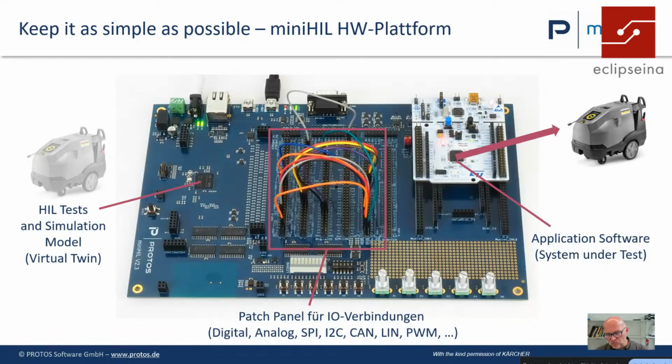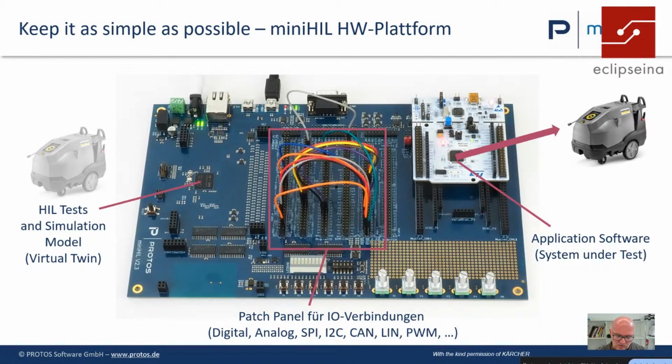Now, how do we do all this? Our motto is keep it as simple as possible. So we start with a very simple hardware platform. On the right side, you see the system under test. That's a microcontroller you want to test. It's an STM32 in this case, a Cortex-M4. It runs, for example, in one of the systems of our customers.